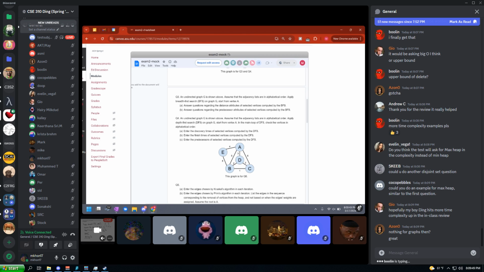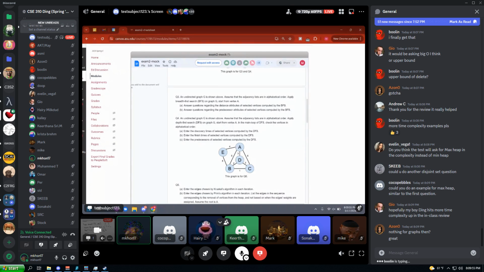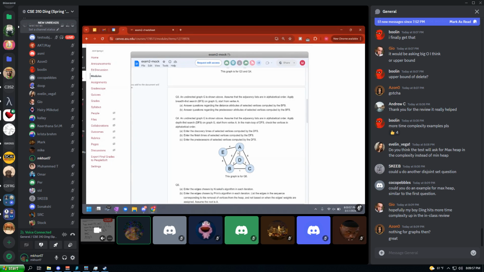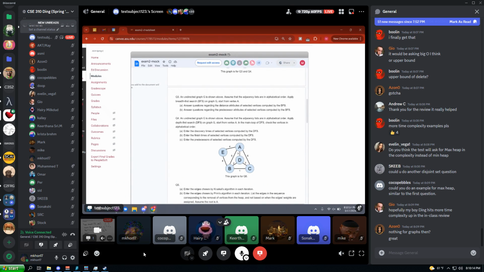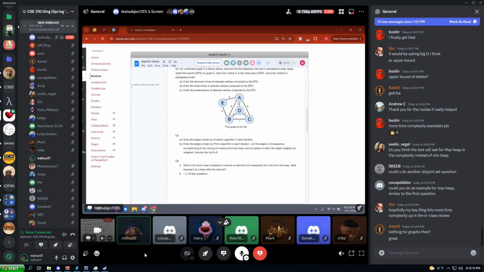But it's just going to be O of n, because you just have to traverse every vertex to make every relationship for every vertex. That seems pretty simple enough. For both BFS and DFS, you just have to go to every vertex once. So that should be about it for the graphs and stuff.